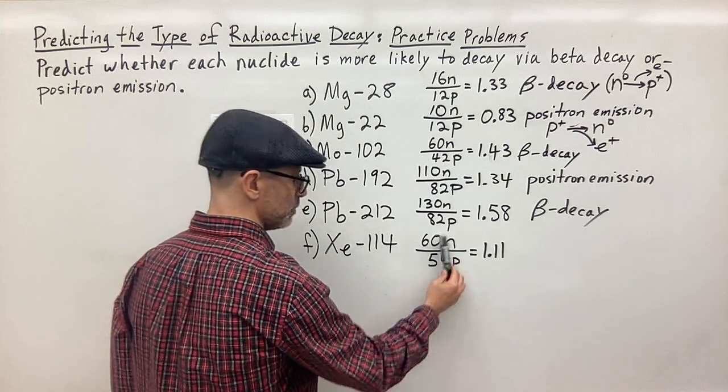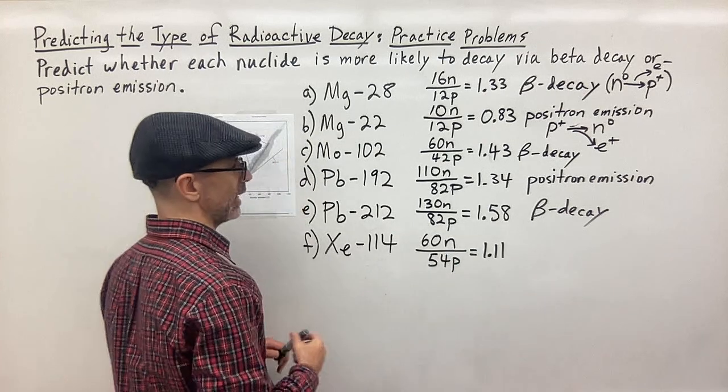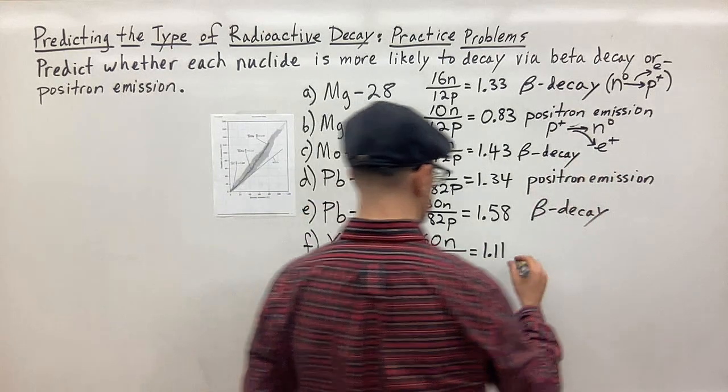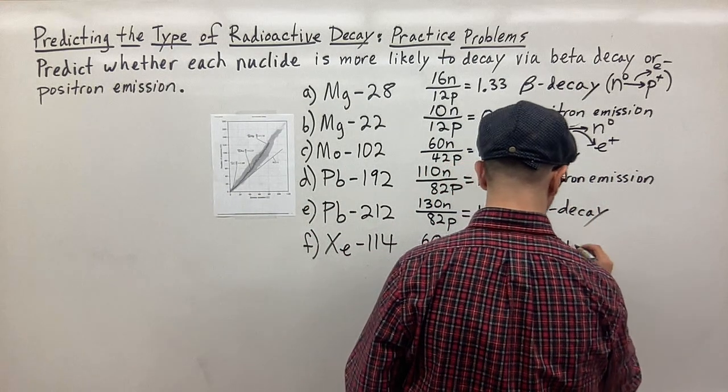So we need protons to become neutrons. We need to increase neutrons, decrease protons. And again, that's going to happen with positron emission. So positron emission is most likely going to happen.